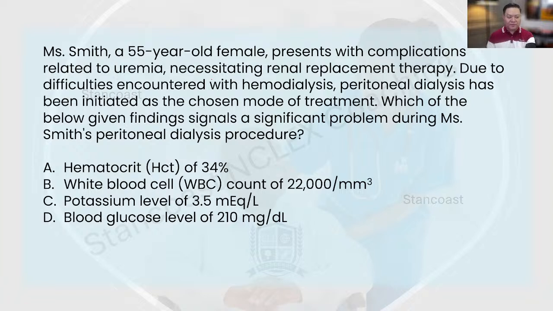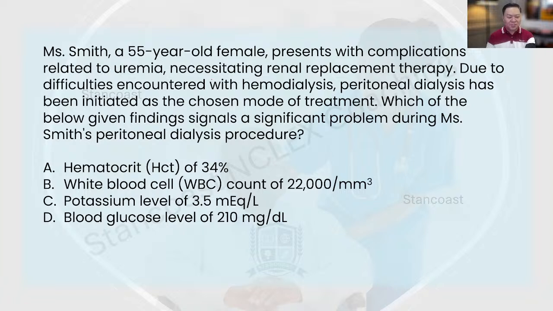Ms. Smith, a 55-year-old female, presents with complications related to uremia, necessitating renal replacement therapy. Due to the difficulties encountered with hemodialysis, peritoneal dialysis has been initiated as the chosen mode of treatment. Which of the following findings signals a significant problem during Ms. Smith's peritoneal dialysis procedure?